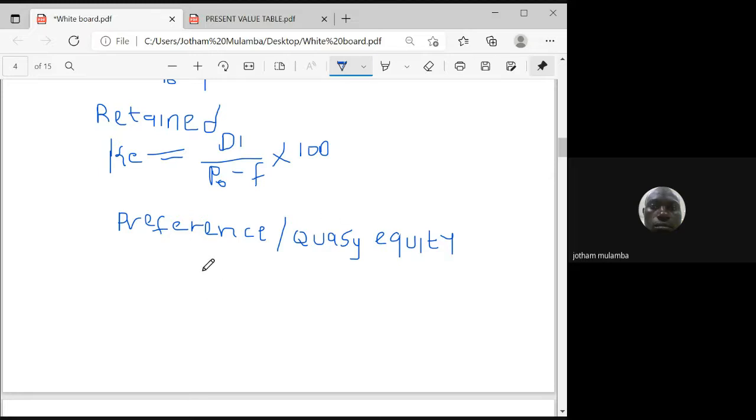The formula to calculate the cost of preference shares, we use KP.